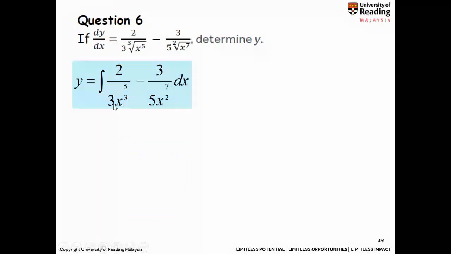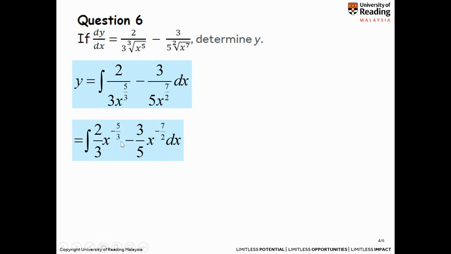Do not bring the coefficients of the x, in this case the 3, just leave it as the denominator. You just bring the x to the power 5 over 3 to become x to the power minus 5 over 3. You must keep the 3 in the denominator here.